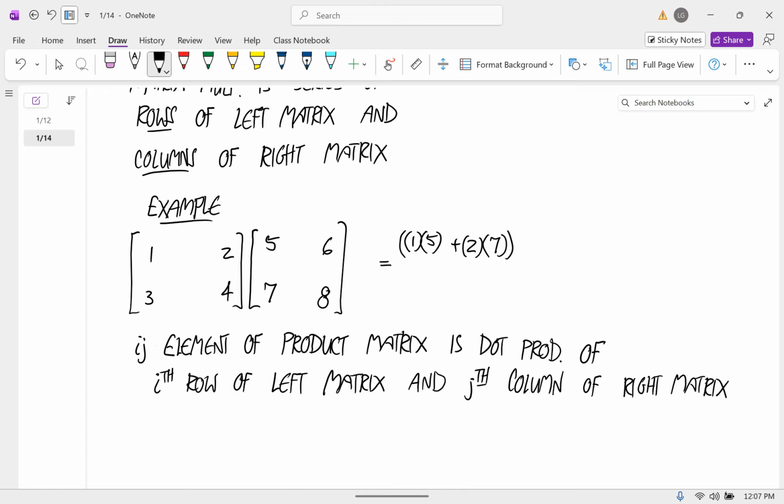That is going to be the dot product of the first row of the left matrix with the second column of the right matrix. So that is going to be 1 times 6, plus 2 times 8.